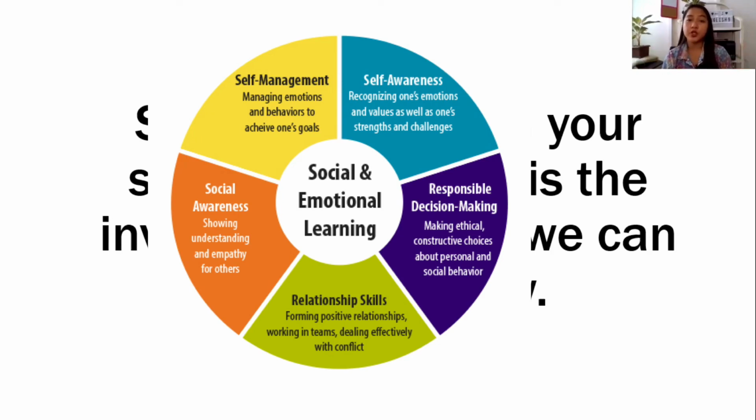Now she made mention of the social emotional aspect of our students right now, and that is the most important thing that we need to deal with at the moment, meaning let's keep them sane, let's keep their sanity right now because it's not easy to be confined in the four walls of the house without their friends, without some outlets to share their problems and their struggles at home.